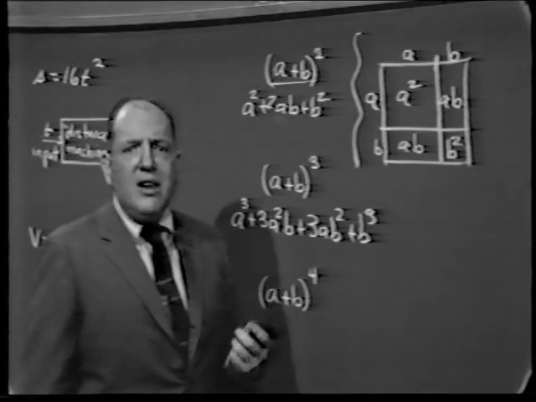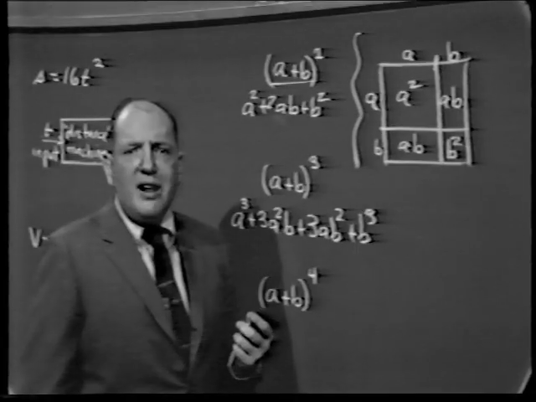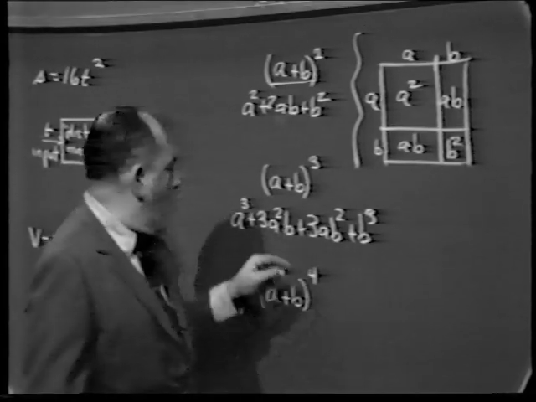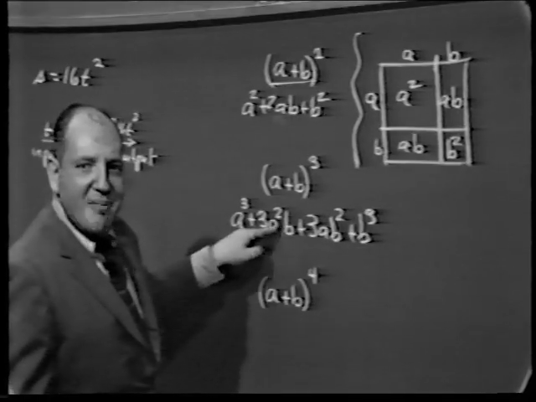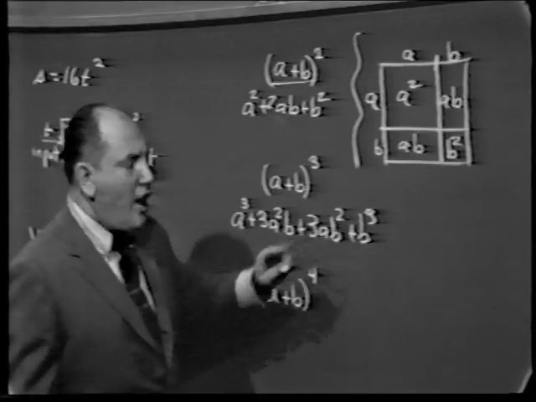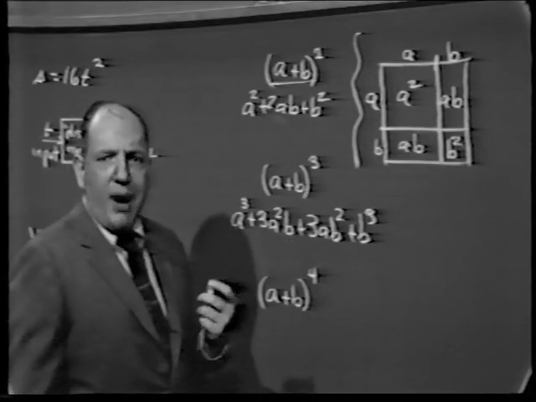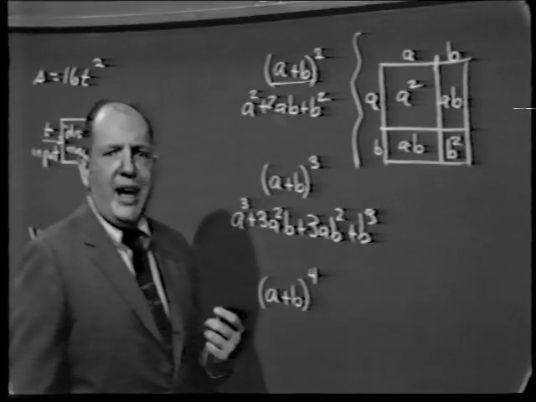And if you did that, you would see what? That the cube, whose volume is a plus b cubed, is divided into 8 pieces. 1 of size a by a by a, 3 of size a by a by b, 3 of size a by b by b, and 1 of size b by b by b. Again, the picture is a tremendous visual aid.